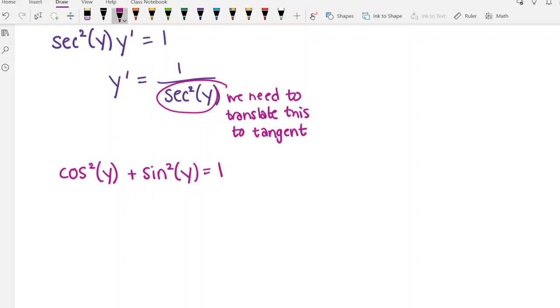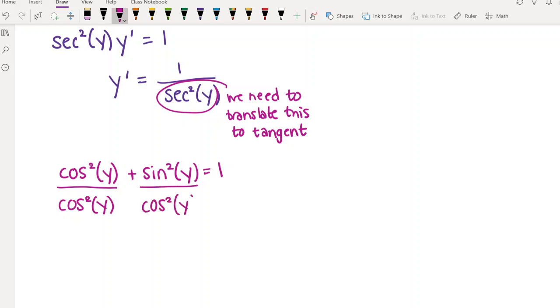So this is the first Pythagorean identity. The nice thing is that if you know this Pythagorean identity, you can get two other ones just by dividing everything in this equation by the same thing. In this case, we want a Pythagorean identity that relates secant and tangent. So if I go through and divide everything in this equation by cosine squared of y, which you're allowed to do, right?